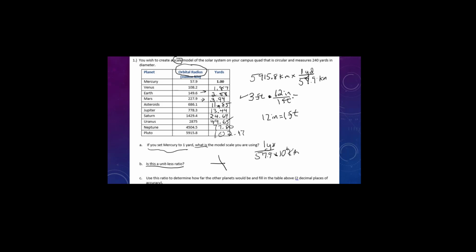What we are doing is converting. Whatever you're multiplying by in dimensional analysis, that number is always basically the number 1, because anything divided by itself is 1. Here, 1 yard certainly does not equal 57.9 million kilometers. So this is a scale. It's different than a conversion, and it's for that reason.